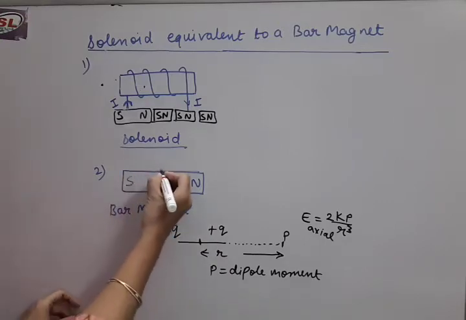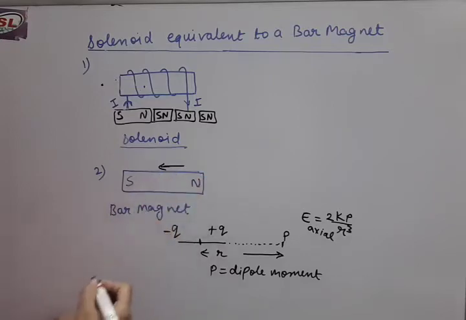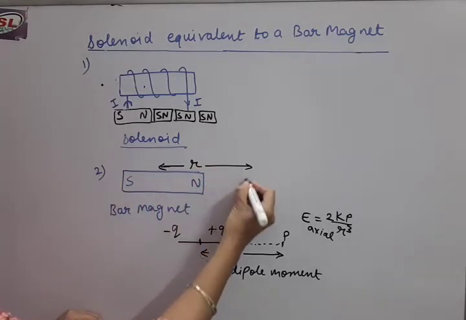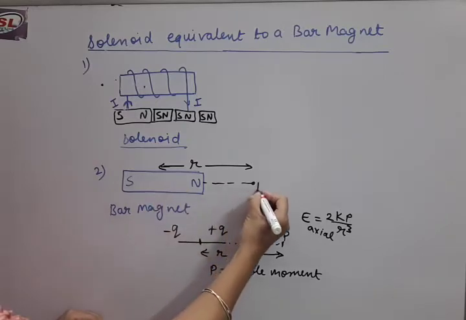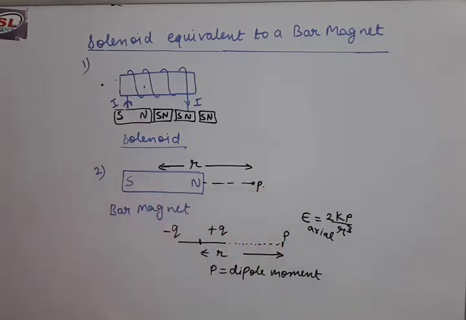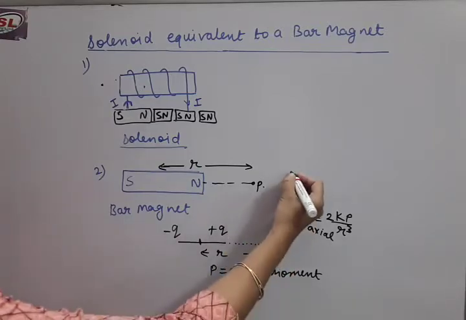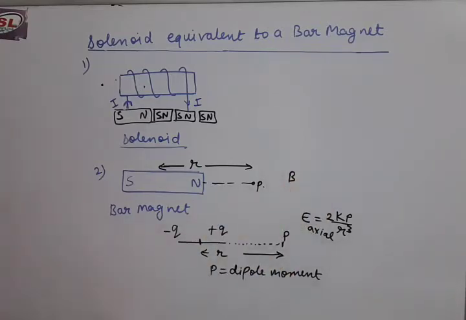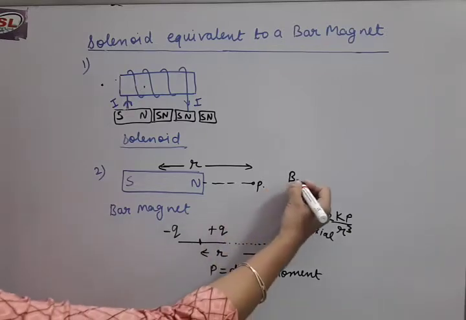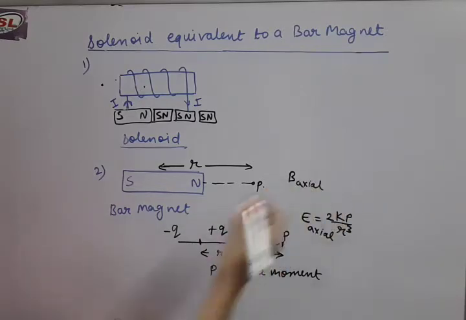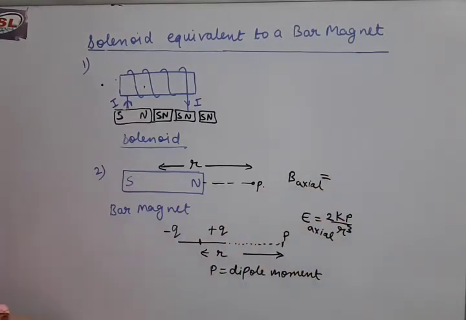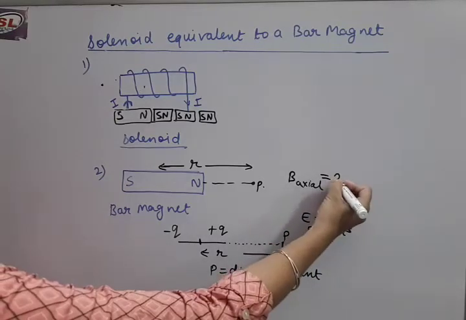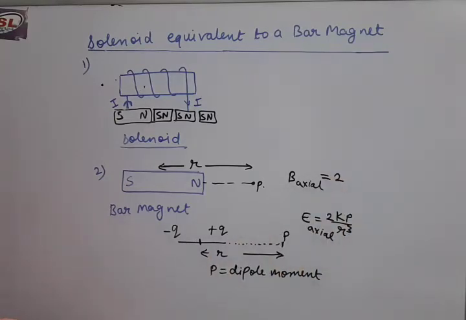So you see now, suppose from the center of the magnet at r distance, on this axial line of the magnet, we take some point P, and here we have to find the magnetic field B. We will call this magnetic field axial, B axial. In the same manner, by replacing the terms, we can prepare the formula. So in place of 2, we write 2.